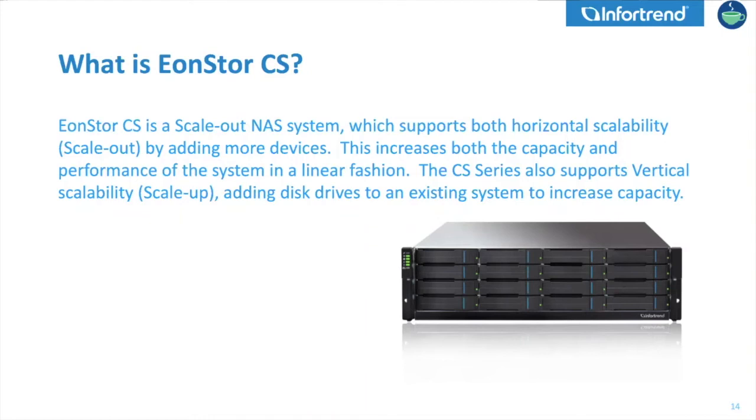So that makes the CS more attractive for high capacity requirements, large bit buckets, or work in progress volumes where the customer needs a large amount of data in a minimal footprint, but wants the advantages of scale out to make the system easy to expand.